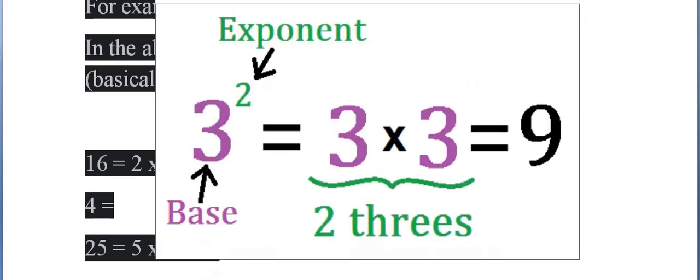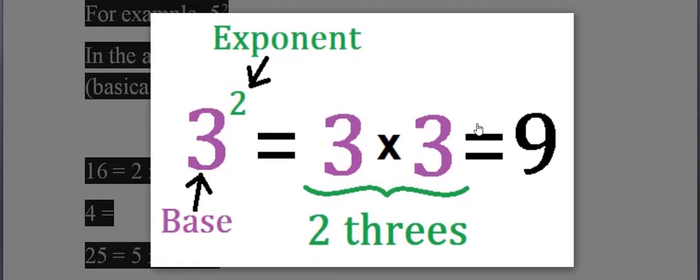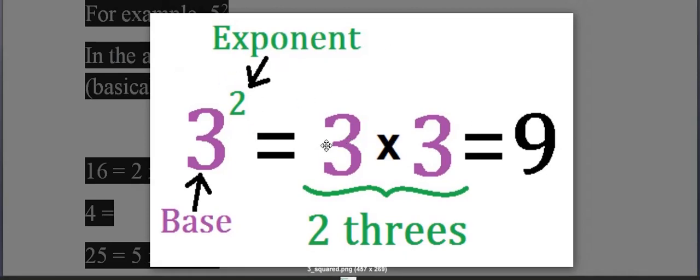Let me take you to this picture. As you can see in this picture, 9. If we prime factorize this 9, we get 3 into 3. So we can see that 3 is repeating itself for 2 times, isn't it?